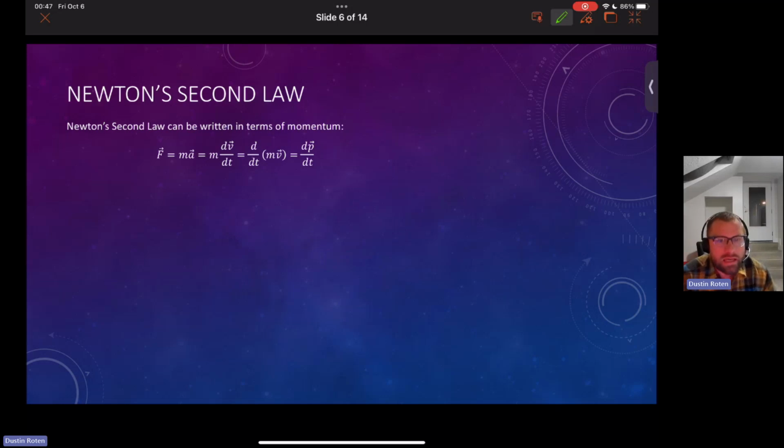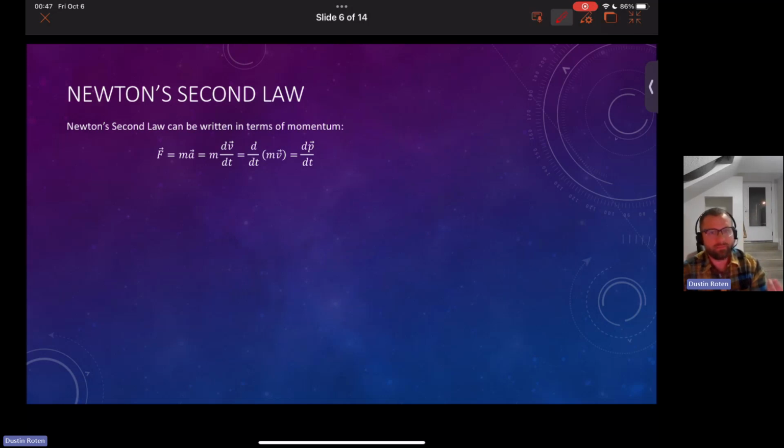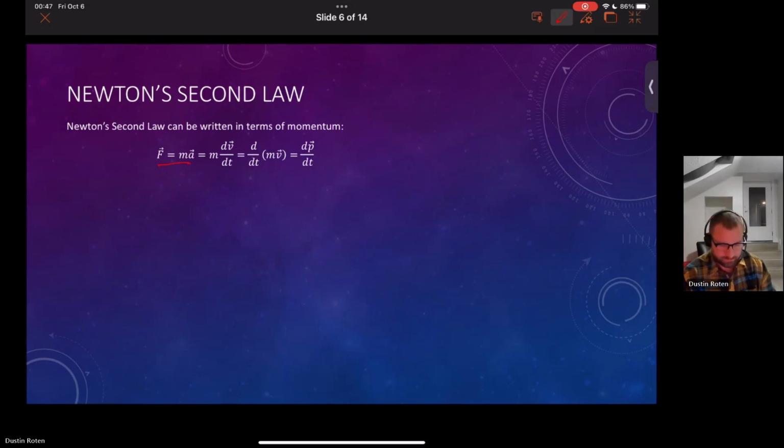All right. So it turns out you can actually write Newton's second law in terms of momentum. We've been talking about it here in this first piece, F equals ma. But what's really cool is we can tweak it just a little bit, and then we get a change in momentum. Let's just rewrite acceleration as dv/dt.